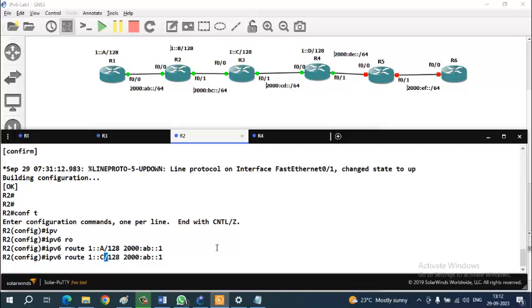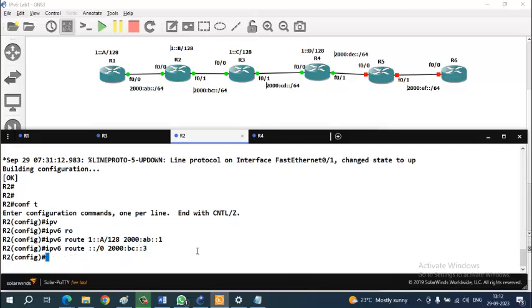So what you can do instead is add a default route here for all the rest of the networks. For all the rest of the networks, you just take R3 as a gateway. Does it make sense, everyone? Done.